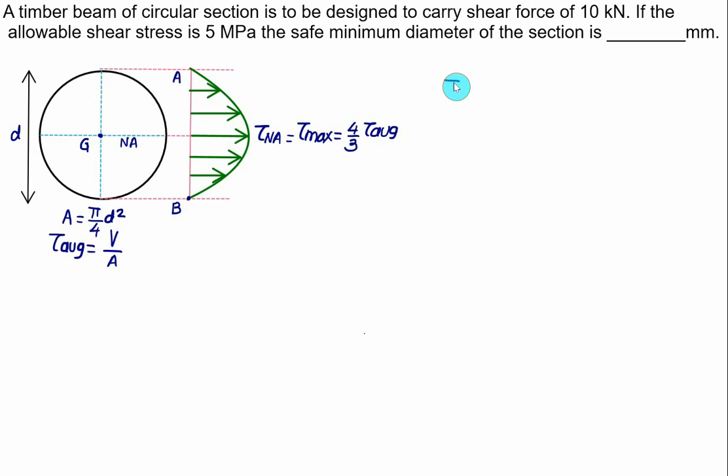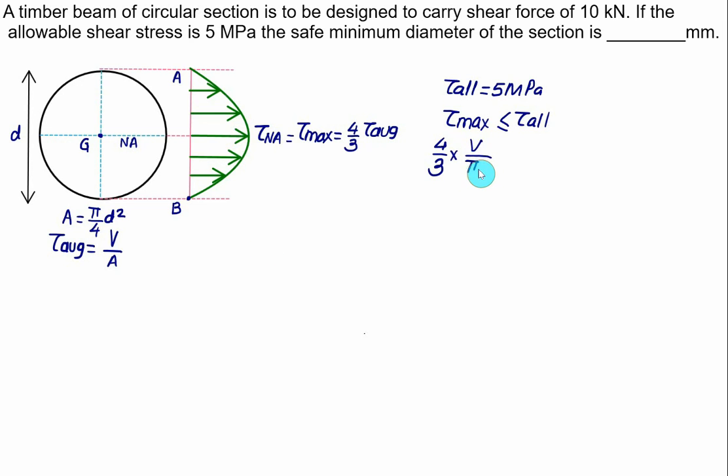The tau allowable will be equal to 5 megapascal. So this value of tau max should be less than or equal to tau allowable, which is the same as 4 by 3 of average shear, and we have average shear as V by A, and we have area equal to pi by 4 d square.